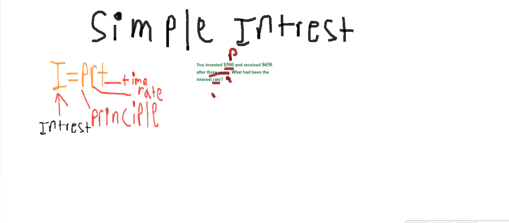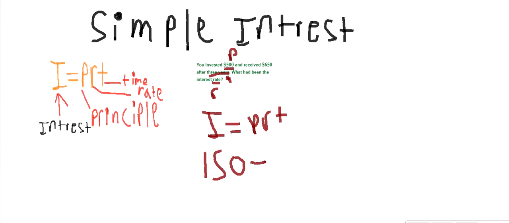So R. According to our formula, I equals P R T. Our principal is 500, and it says you received 650, which means that your interest would be 650 minus 500, which is 150. 150 is equal to your principal of $500 times 3 for your time times R.